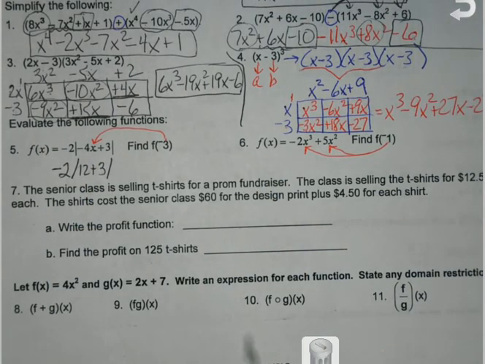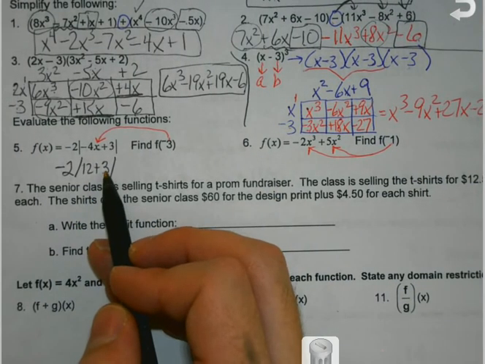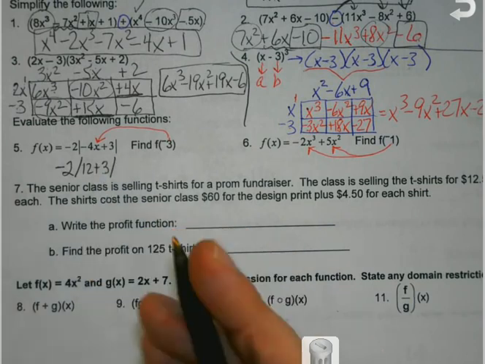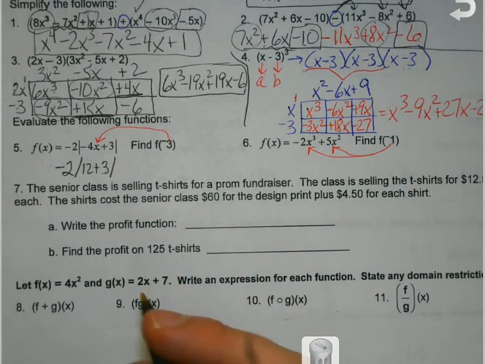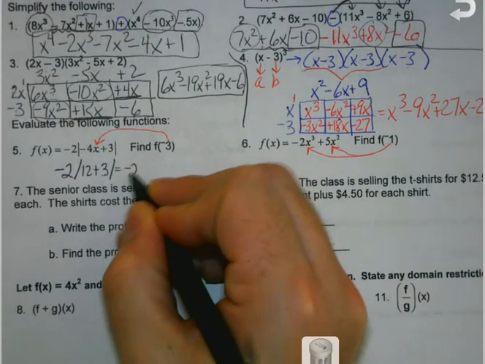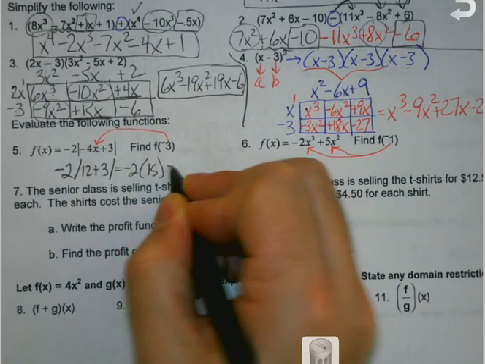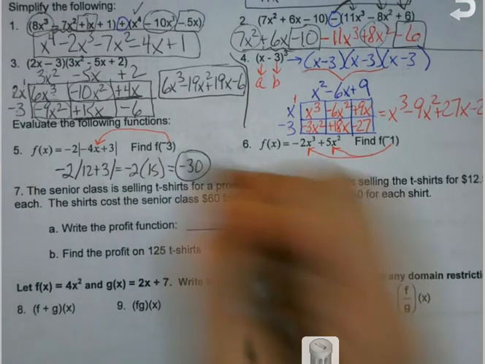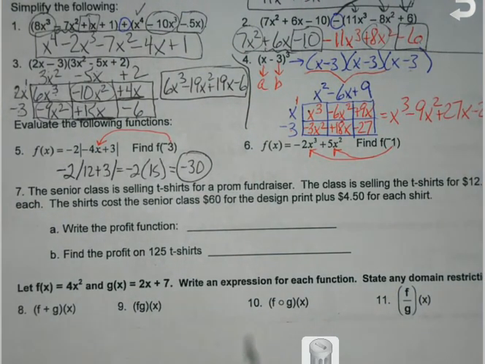So I'm like, okay, 12 plus 3 is 15. Absolute value bars don't do a whole lot for a positive number. It's just the negatives it really changes a value on. So negative 2 times 15 is negative 30, and that would be my function's value at negative 3.